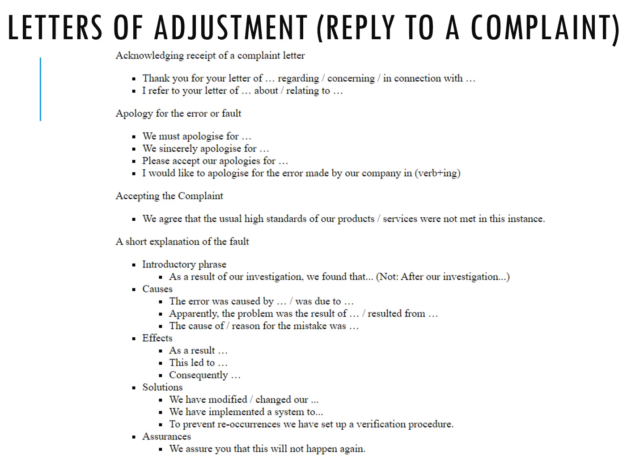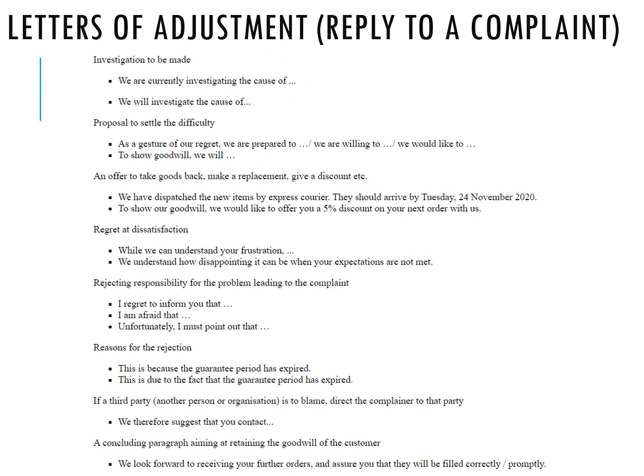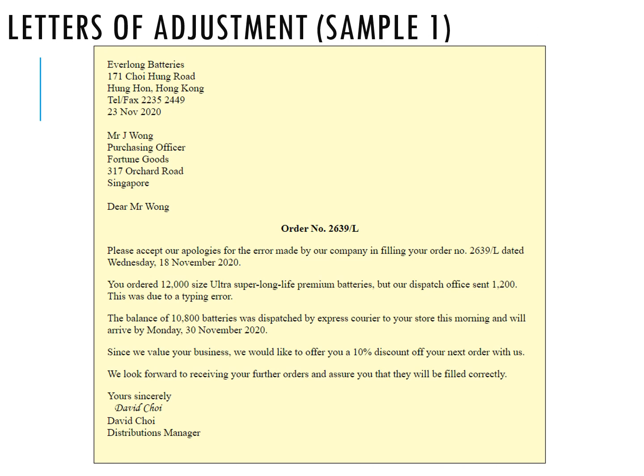Or if you're going to accept the complaint: a short explanation, causes, effects, solutions, assurances, and also investigation to be made, proposal to settle the difficulty, regret, dissatisfaction if you are rejecting the responsibility, and reasons for rejecting it, and so on. I guess you can read on this on your own. You can refer to the attachment for the slides. These are samples of letters of adjustment.